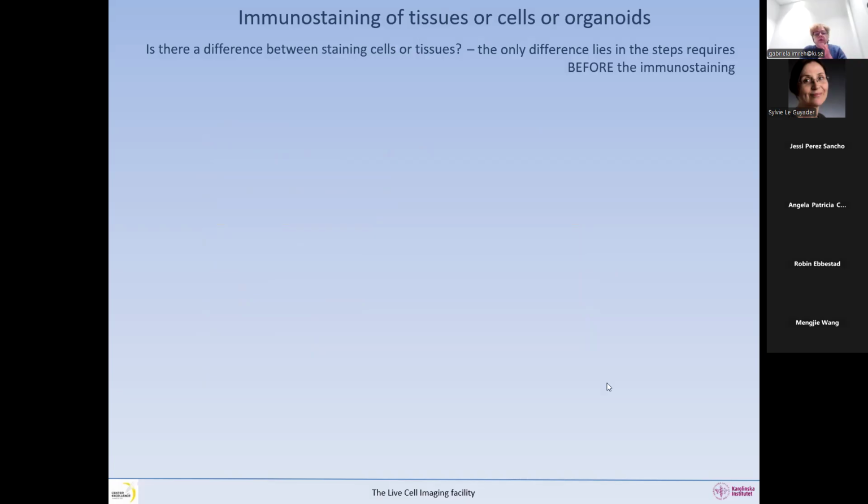Is there any difference between staining cells or tissues? Because in immunohistochemistry and immunocytochemistry, they do make a difference in their abbreviation: immunohistochemistry is about tissues, immunocytochemistry about cells. And we also include immunofluorescence.